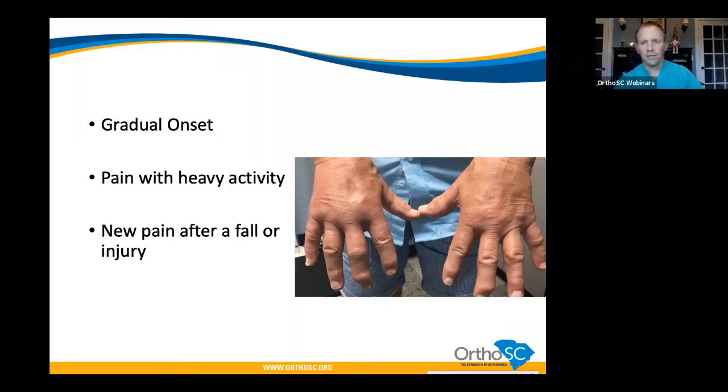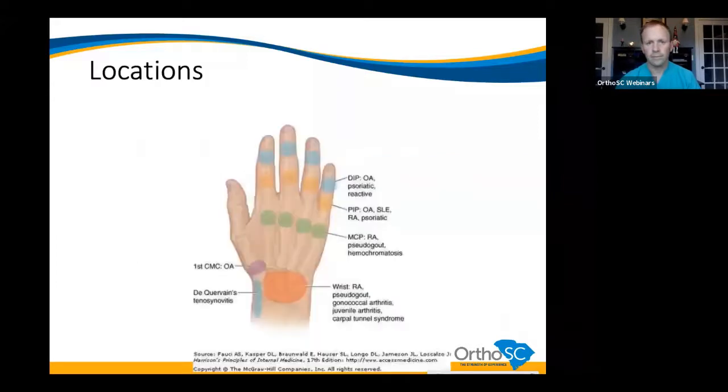And then also a new injury can lead to arthritis. So if you're in a car wreck or if you have a fall, you may have had arthritis for years and never even knew it, but then the injury can set it off and cause it to start hurting all of a sudden. So depending on the location, that gives us some information about the type of arthritis that you might have.